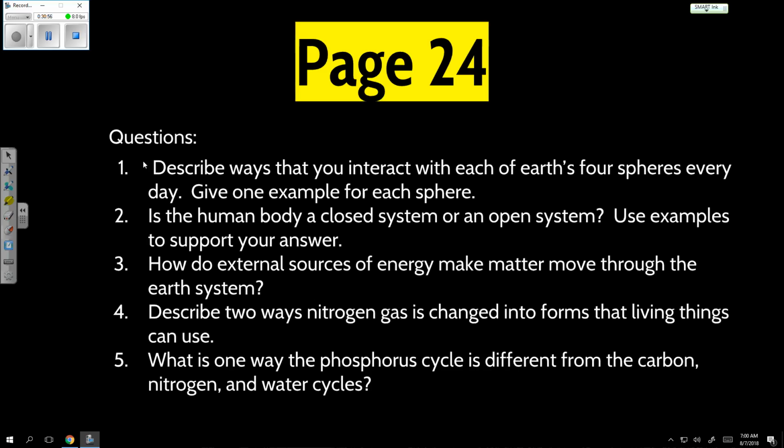What is one way the phosphorus cycle is different from carbon and nitrogen and water cycles? That can be found on page 23. Phosphorus does not exist as a gas and is not found in the atmosphere.